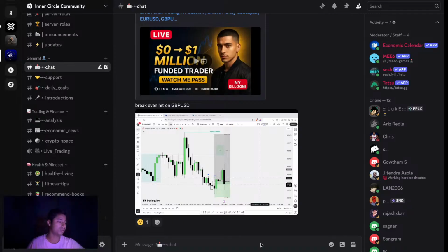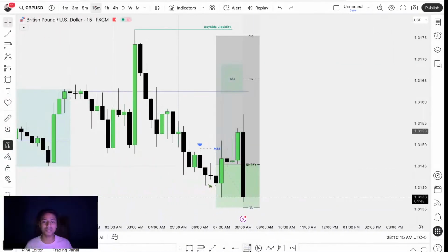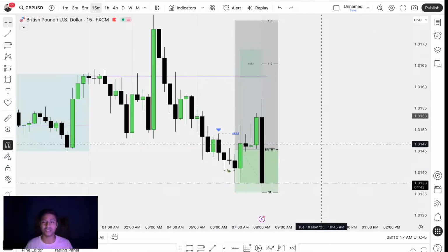Let me just share the screen of MT5, because some people don't believe either. I was right about it, because sometimes you have that intuition in the markets.